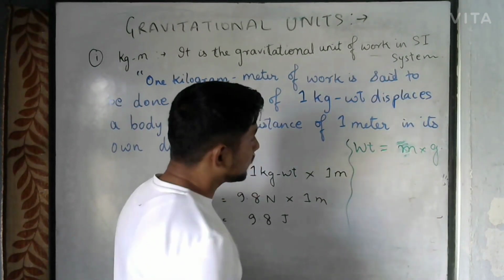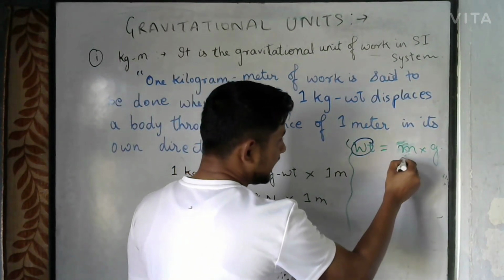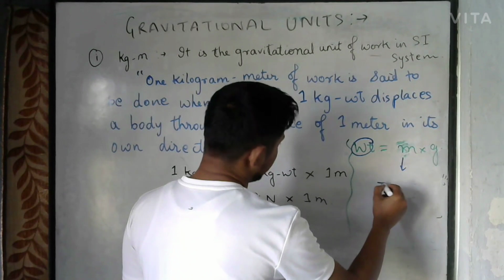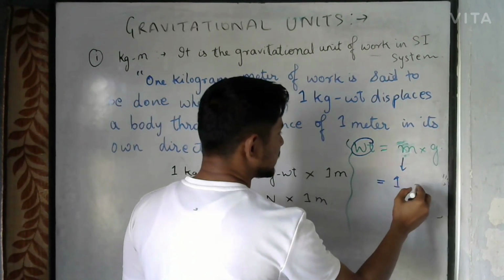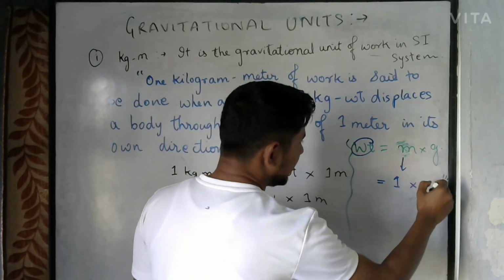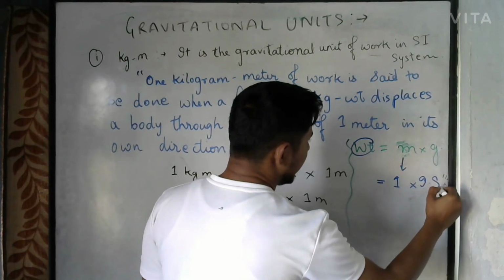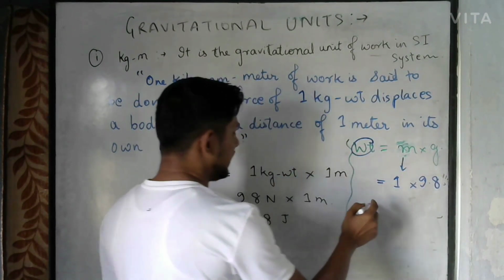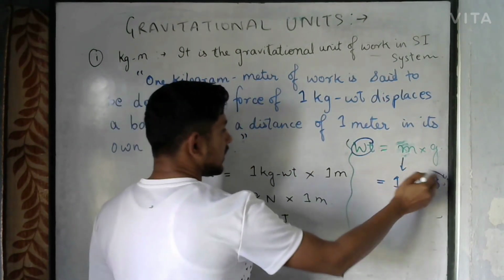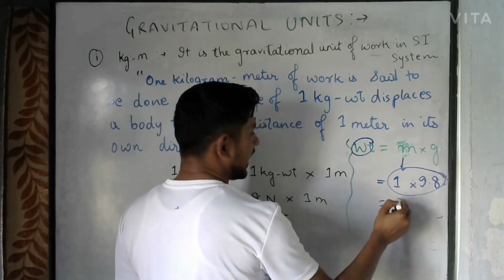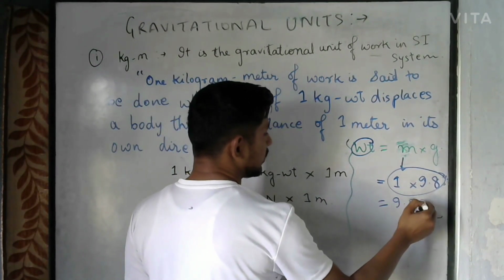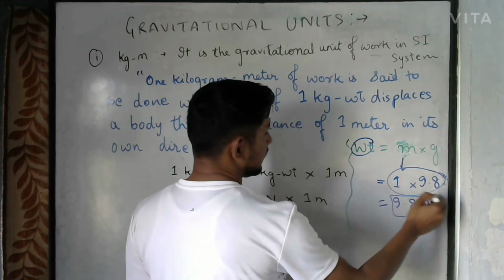Now, if I see this, what is the mass? Suppose, for example, it's 1, and the acceleration due to gravity is 9.8, so combining both of these, what do I get? I get 9.8 Newton, right? That's the scenario.